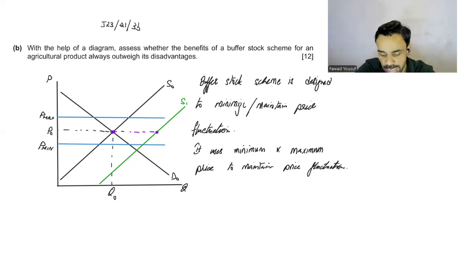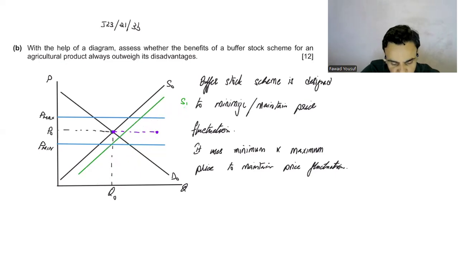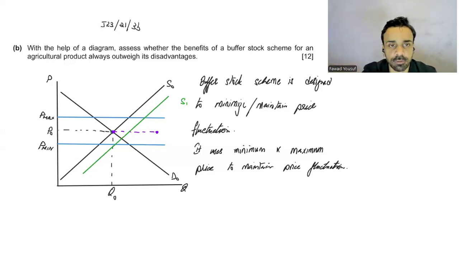So right now you just placed it as a buffer, as a range within which the price can fluctuate. As long as the supply curve, like this one that we made, is like here, and if it increases to the right, what will happen? Well, the supply curve will shift to the right, and equilibrium prices will fall. The prices can fall. It's within the legal range. Minimum price has nothing to do with it. Maximum has nothing to do with it. And so the prices can fall. Till when can they fall? Till this point.